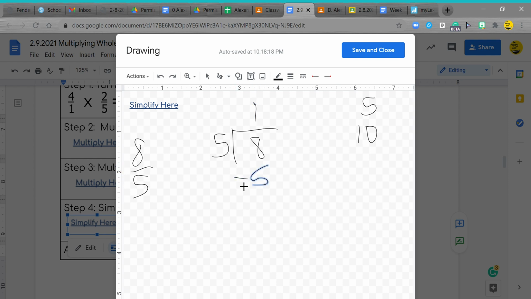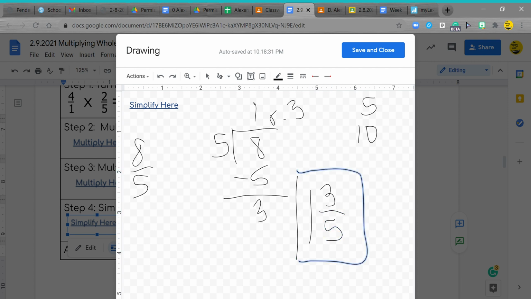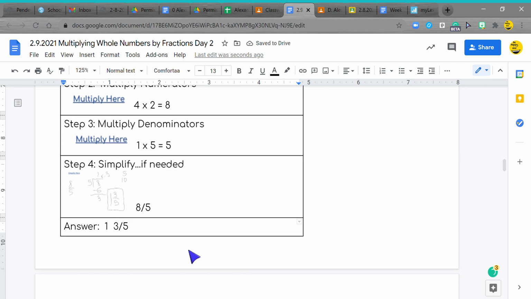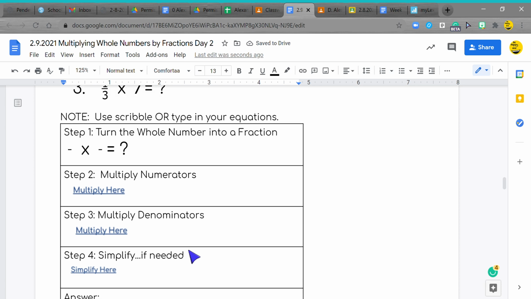I subtract, and I have 3 left over. So remember, that's my remainder 3, you guys. So I have 1 and 3, yes, fifths. My denominator does not change. So there's my answer. So I'm going to hit save and close. And then right down here, write 1 and 3/5. That is one answer.